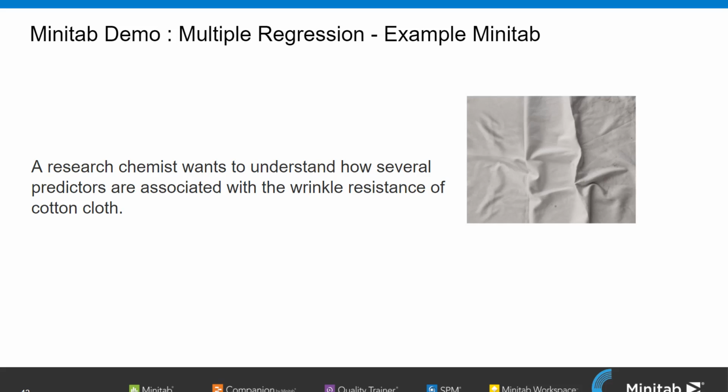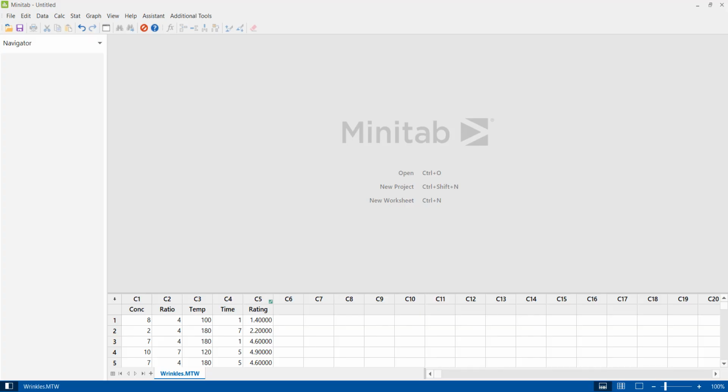So let me go to my Minitab screen. Now you are in my Minitab. Here you can see we have the wrinkle resistant data. We have concentration, temperature, time, and the rating which is given. To conduct a multiple regression, we will see how rating is dependent on these variables.